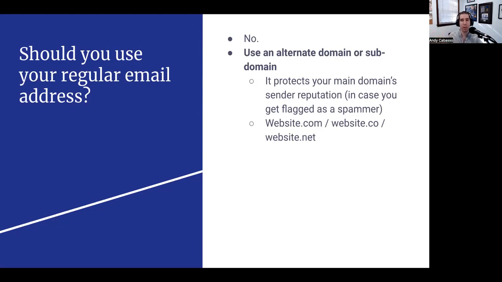Or we've also done things like go yourwebsite.com or get yourwebsite.com or yourwebsiteapp.com. And these sorts of different things can kind of give you some ideas for alternate domains to get. And for a subdomain, m.yourwebsite or outreach.yourwebsite or anything like that.